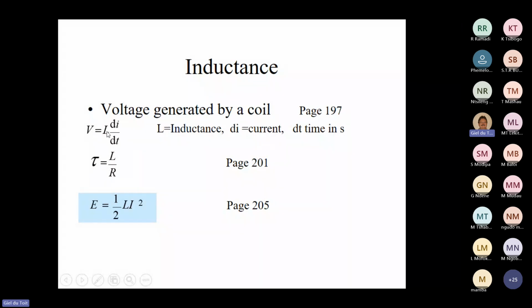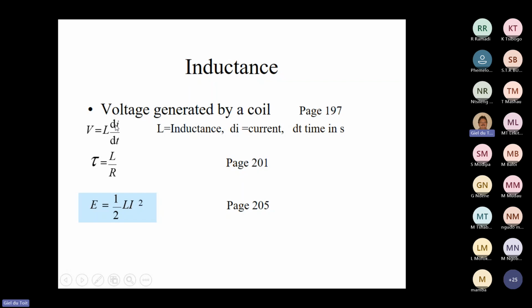So the voltage is L di over dt. Now L is the inductance. Like I said, we measure it in Henry. Right. di is the change in current, and dt is the change in time. So if I put a voltage on a coil and I change the current from 1 ampere to 2 ampere, then di will be 2 minus 1, which is 1.